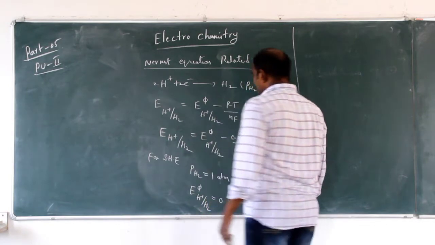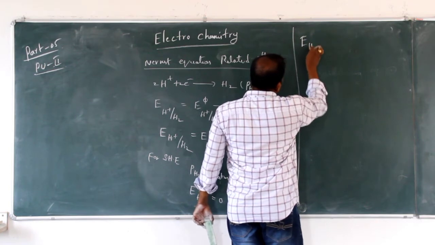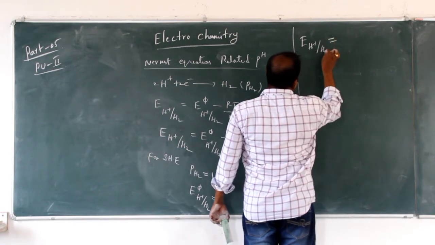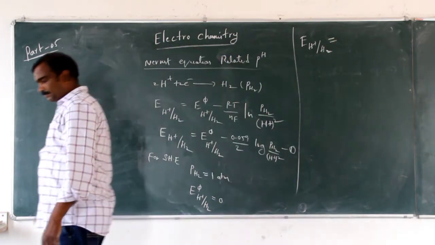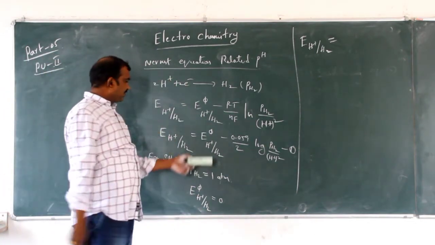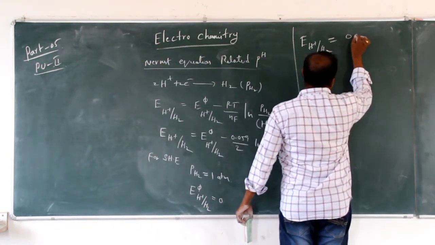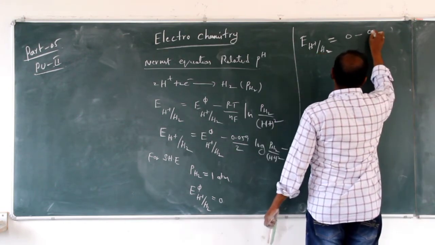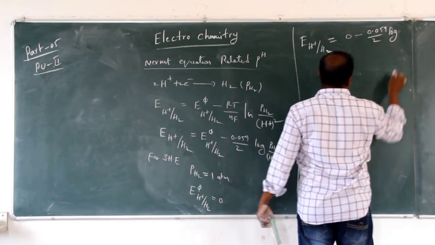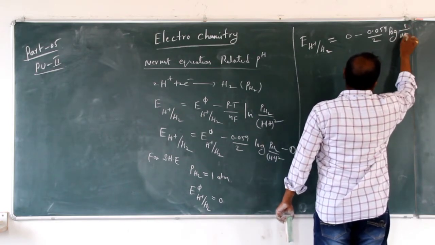E of H+/H2 is equal to E naught of H+/H2, which becomes 0, minus 0.059 by 2 log of pH2, which becomes 1, so 1 by H+ concentration whole square.